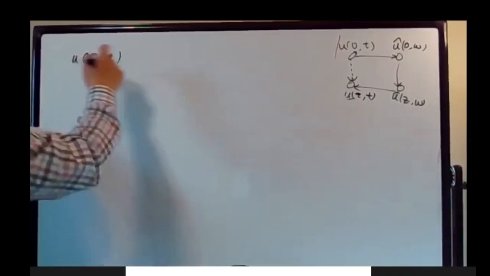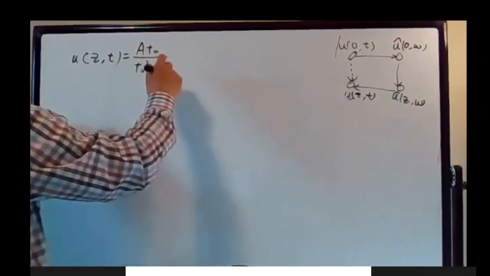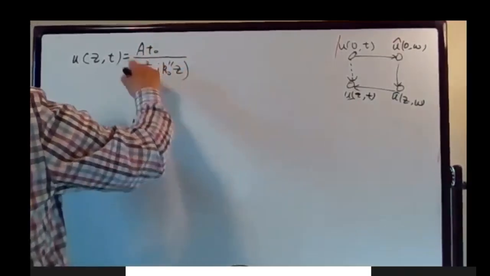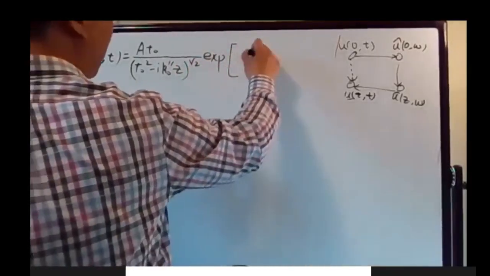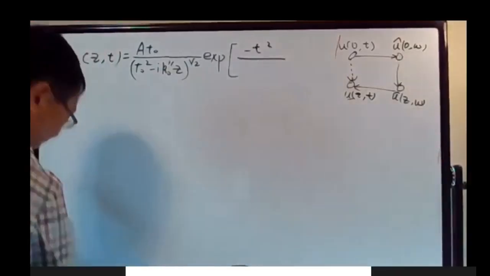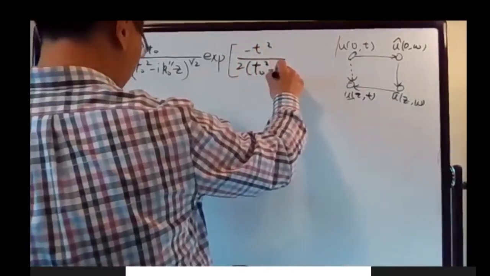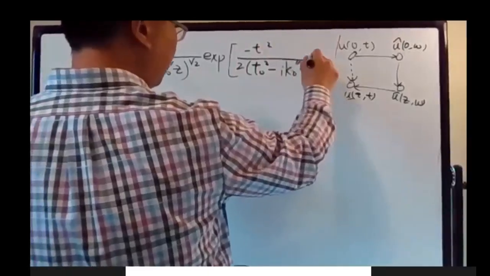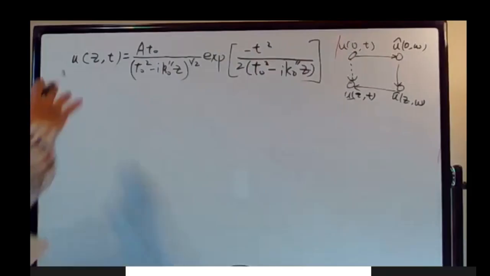This is A T naught over the square root of T naught squared minus i k naught double prime Z, and then exponential negative T squared, where T is the time variable, over 2 times T naught squared minus i k naught double prime Z. So this is the pulse.